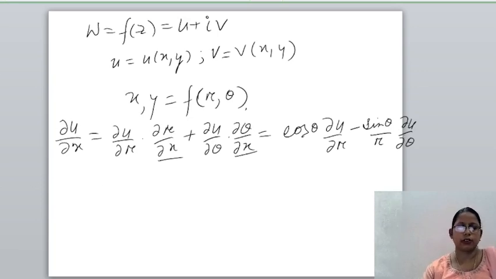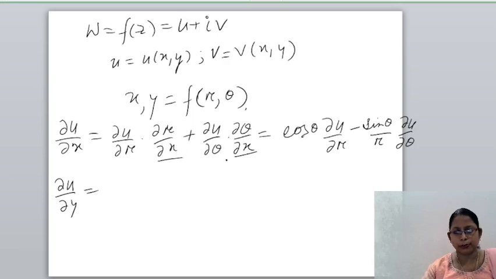Next is del u by del y. Everything will be the same, only x is replaced by y, because u is a function of x, y and x, y is a function of r, theta. Okay, everything will be the same, only the variable x is replaced by y.